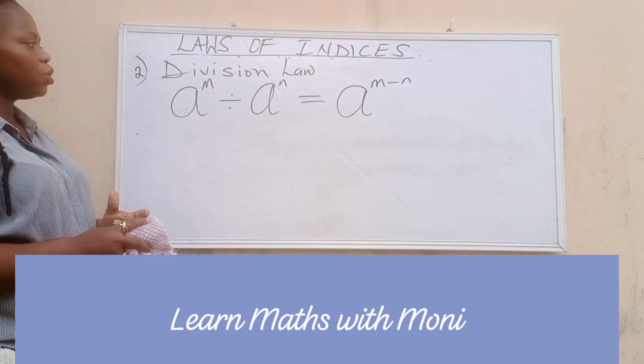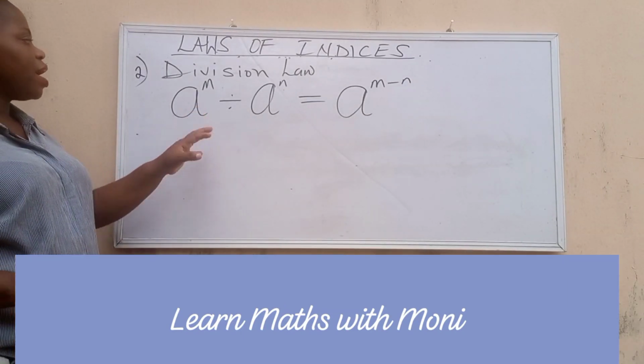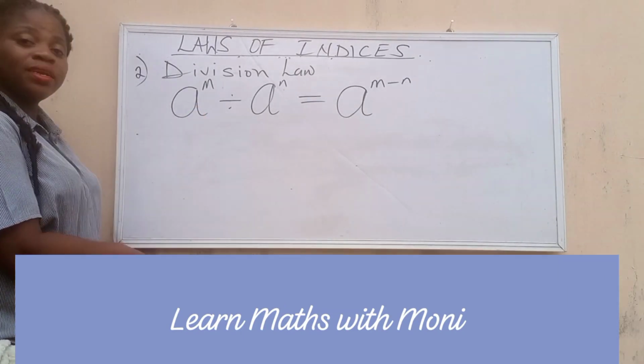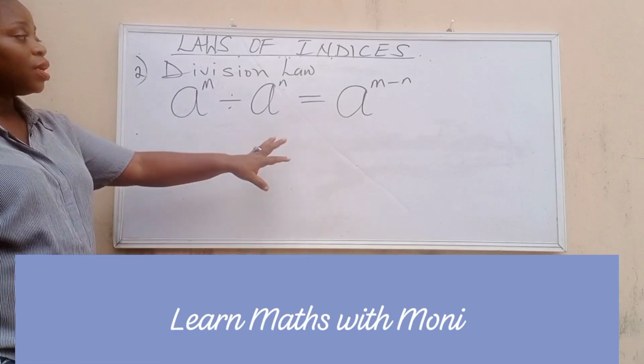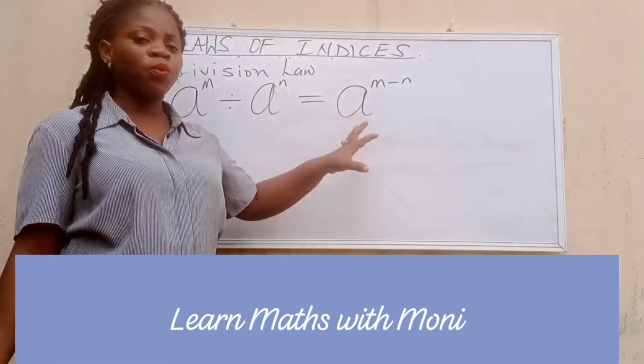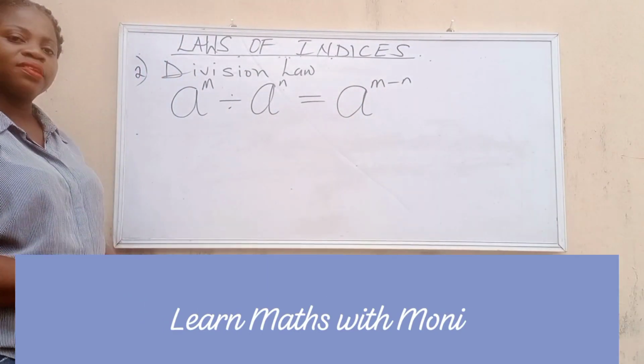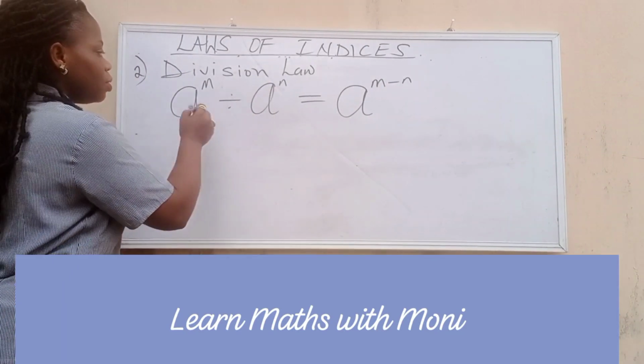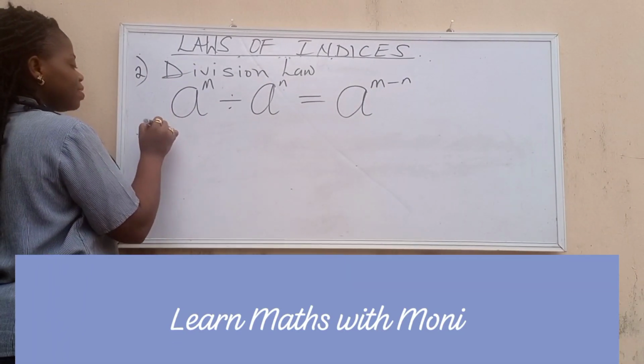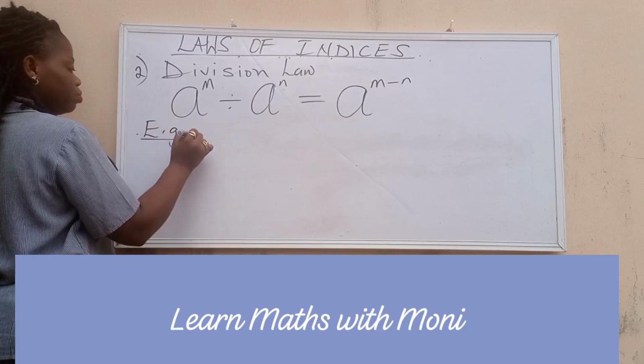This is the division law of indices. A raised to power m divided by a raised to power n equals a raised to power m minus n. This simply can be established with examples.